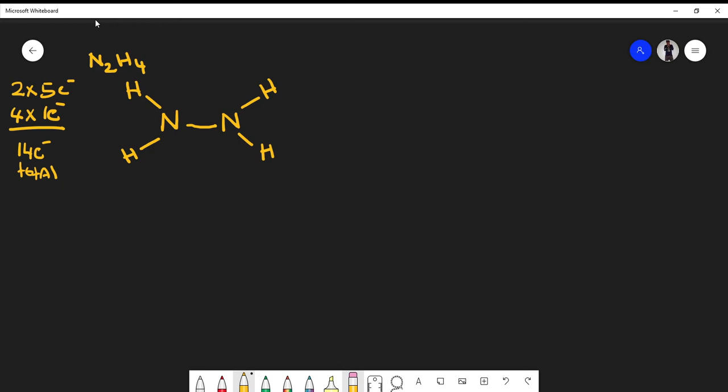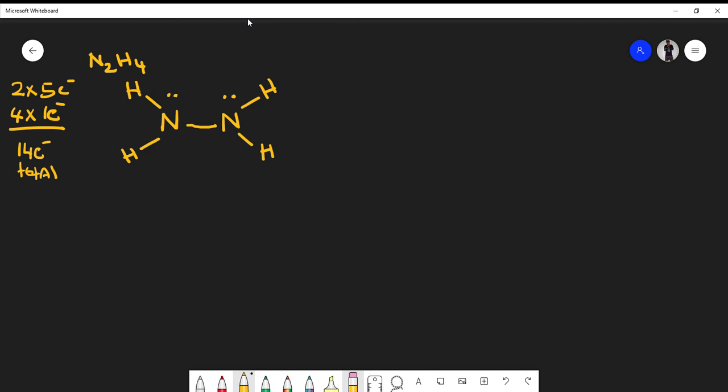Our hydrogens are good at this point, so I'm going to put a lone pair on each nitrogen. Let's see if we have 14 electrons and if our octet rule is satisfied: 2, 4, 6, 8, 10, 12, 14. So this is a plausible Lewis structure for N2H4.